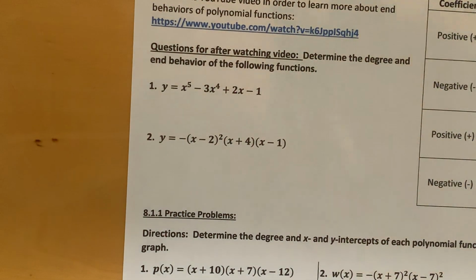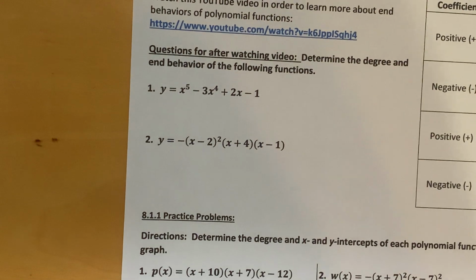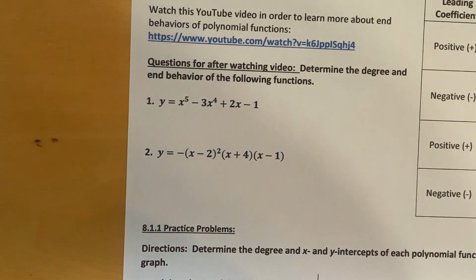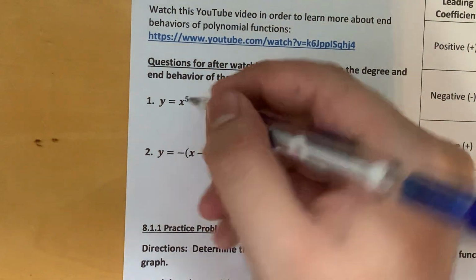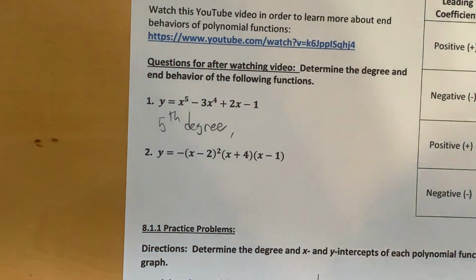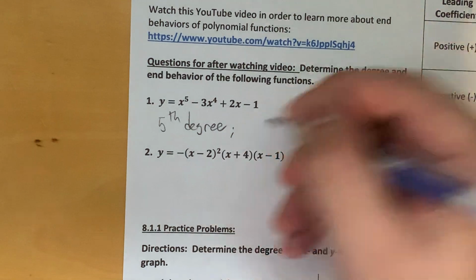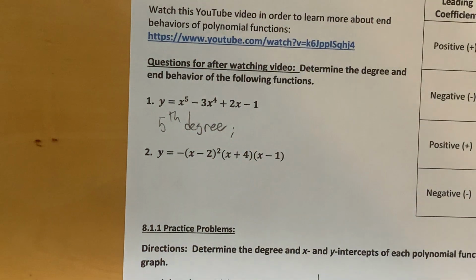So let's determine the degree and behavior for the following functions. So fifth, what's the highest degree? Fifth degree. What's the end behavior? It's going to be up, up, down, down, down, up, up, down.